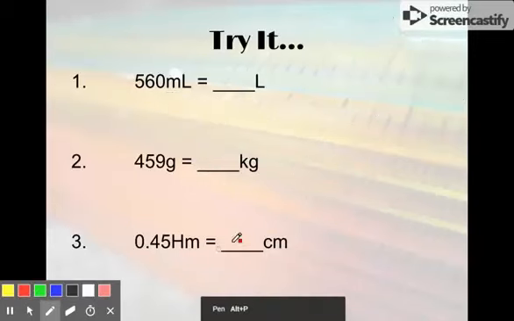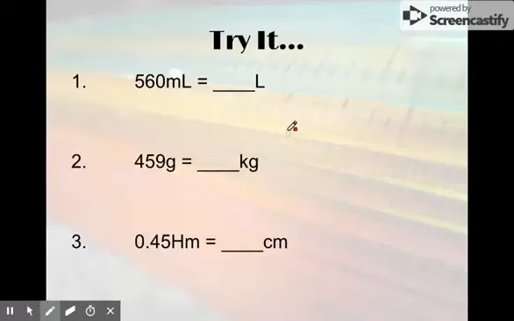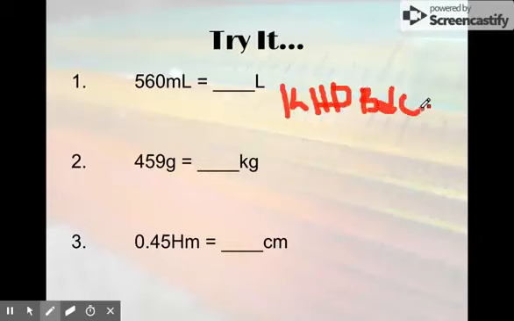Try another one. So draw out our conversion table again. King Henry died by drinking chocolate milk. Grams. Remember, we see only one letter, so that means it's our base. So we're starting at the base, and we're going to the K, kilo. So we count how many away that is.